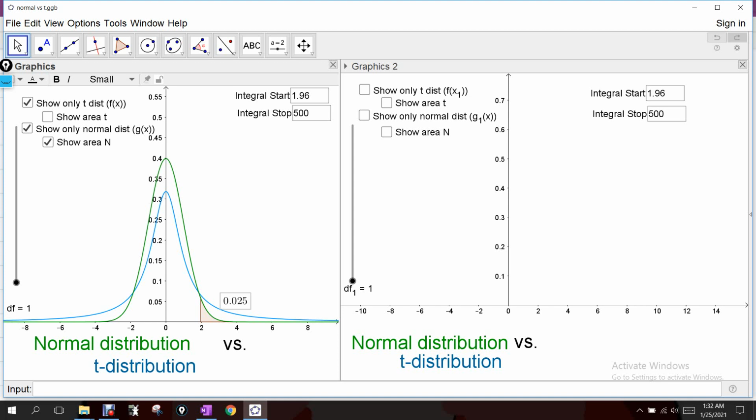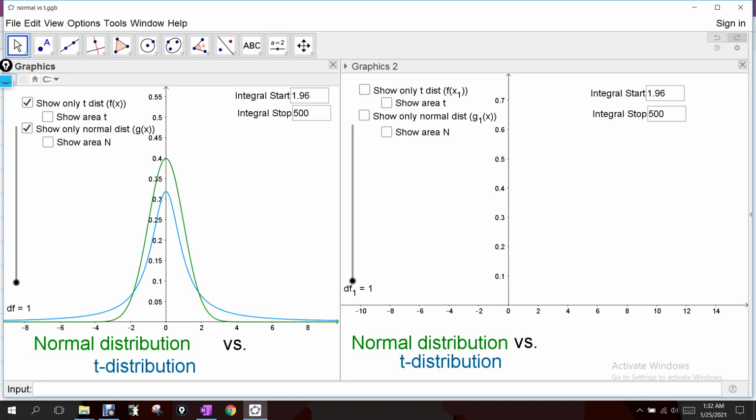Now, if we look at the area under the t distribution, we get 0.15. So that 0.15 is a much greater area than the 0.025. So what we say is that for a t distribution, the tails are fatter than that of a normal distribution.